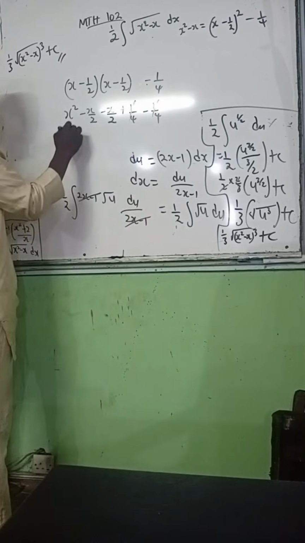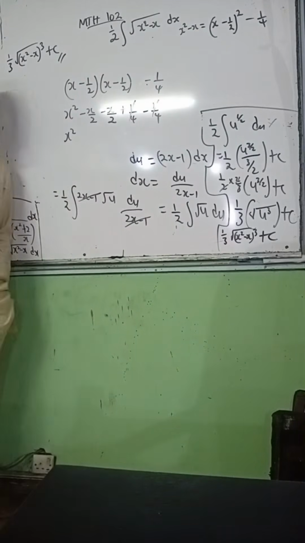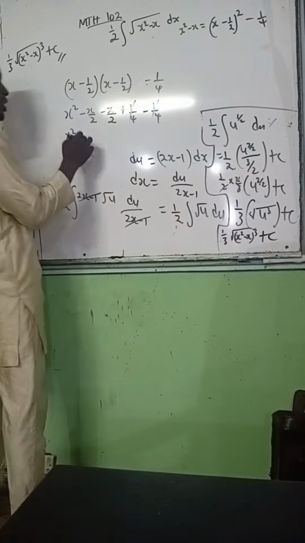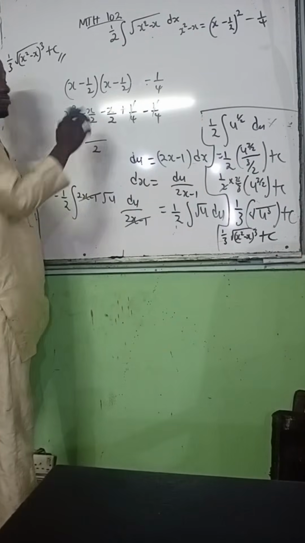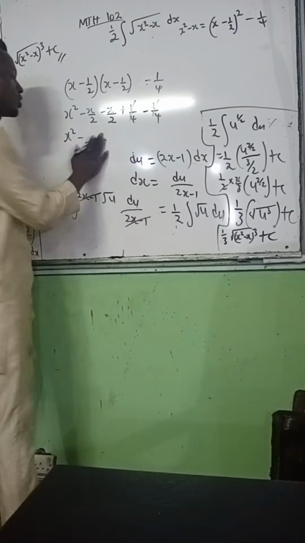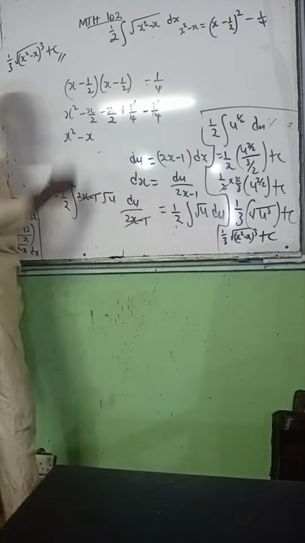Then we have s squared minus s/2 minus s/2, that's minus x. The sum is minus x minus x, minus 2x. So that's minus x. That means that's correct.